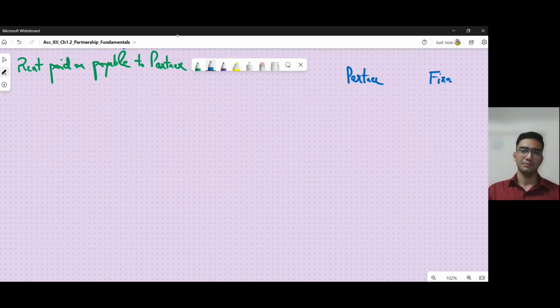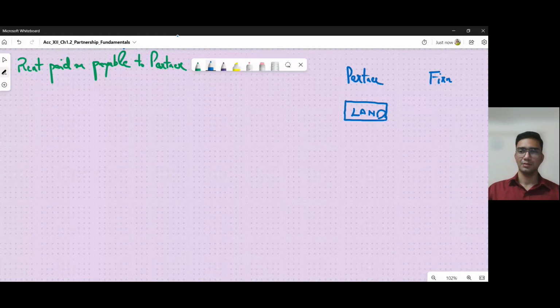Partner has some property. Say the partner has land. The land is given to the firm for its use. So if it's given to the firm for its use, the firm may have to pay rent for that. The firm is going to pay rent to the partner for the land that it has taken from the partner, maybe to run the factory or maybe to run the business, whatever they are doing.